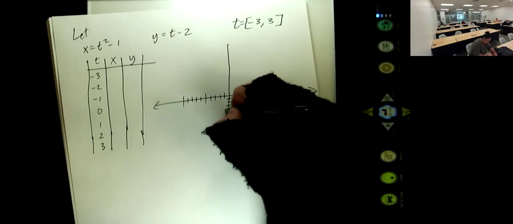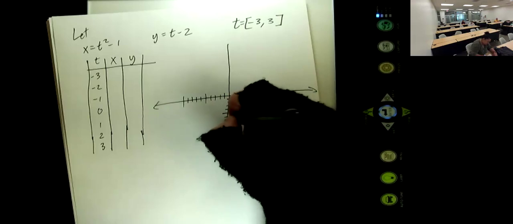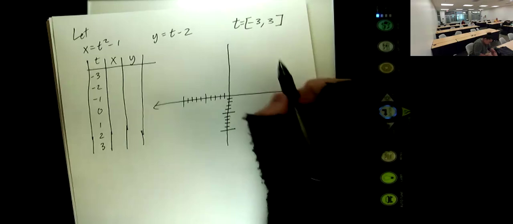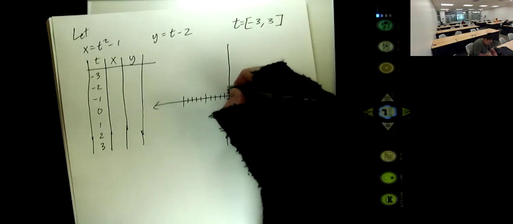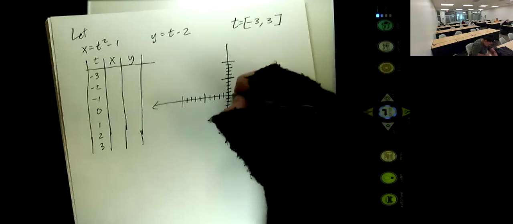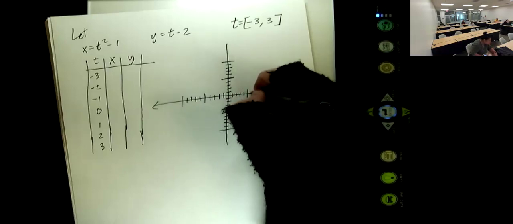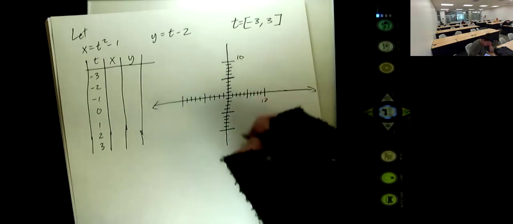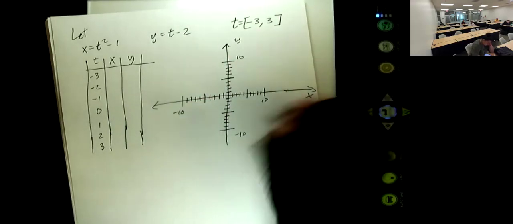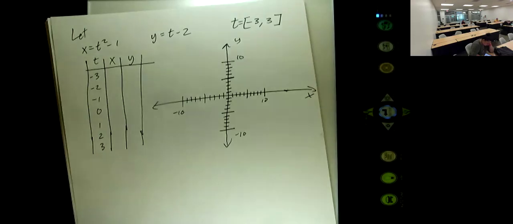I'm gonna make a graph that has 10 going up and down, just because if I plug in -3 or 3, I'm gonna have a large number. Alright. Give everyone a second to get their table and graph ready.